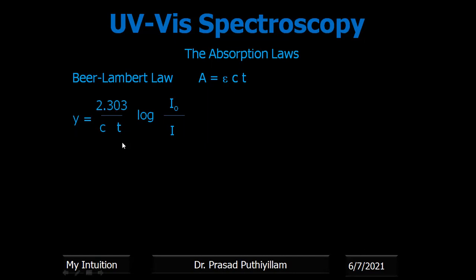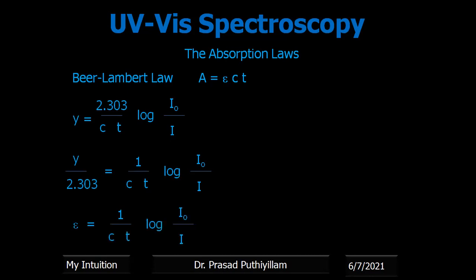I want to take it to the left hand side, so that I make it another constant. So y by 2.303 is equal to 1 upon c and t into log I0 by I. Now y by 2.303, that constant, can be rewritten as epsilon. This constant we call the extinction coefficient, which is equal to 1 by ct into log I0 by I.